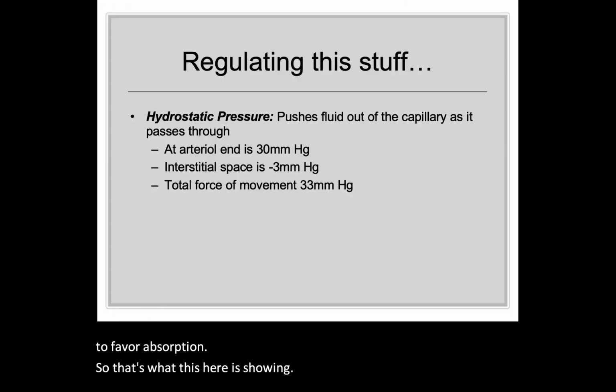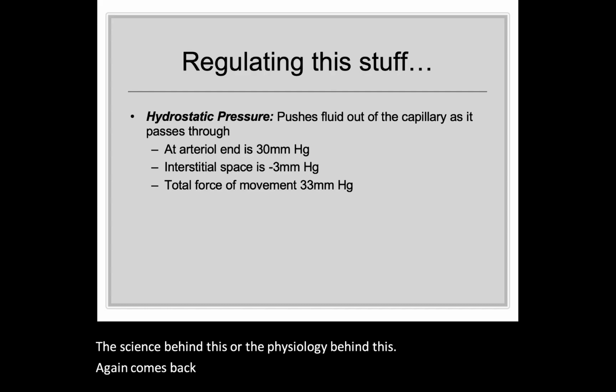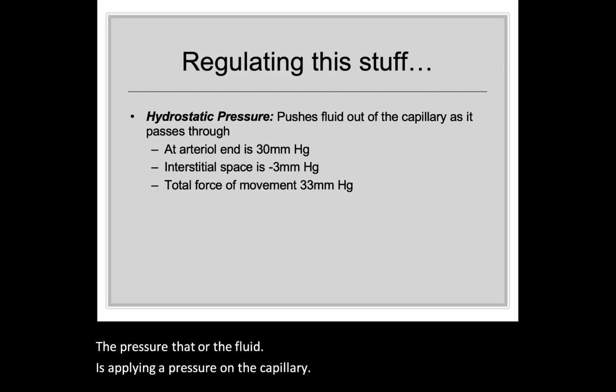The physiology behind this, again, comes back to this idea of hydrostatic pressure. The fluid is applying a pressure on the capillary that is greater at the arterial end than at the venous end.